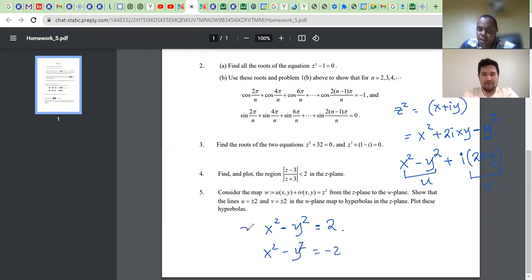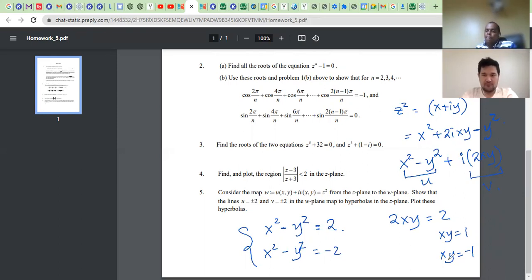These two are equations of a hyperbola. And then 2xy equals plus or minus 2, meaning that xy could be equal to 1 and xy could be equal to negative 1.